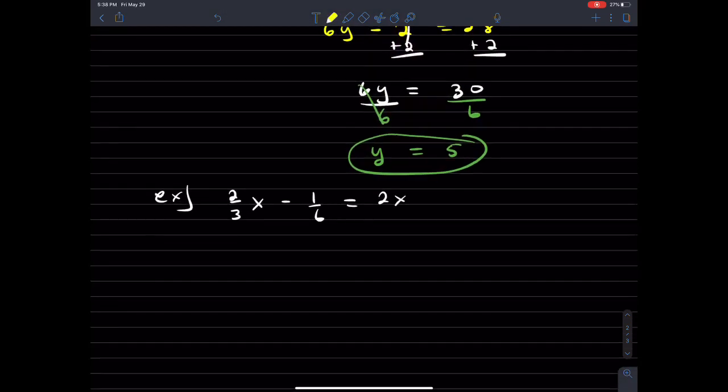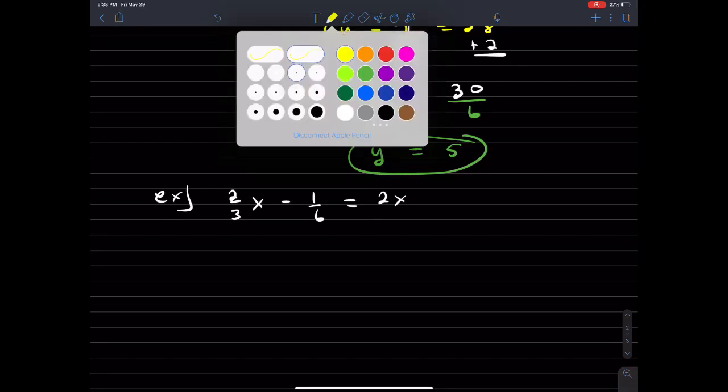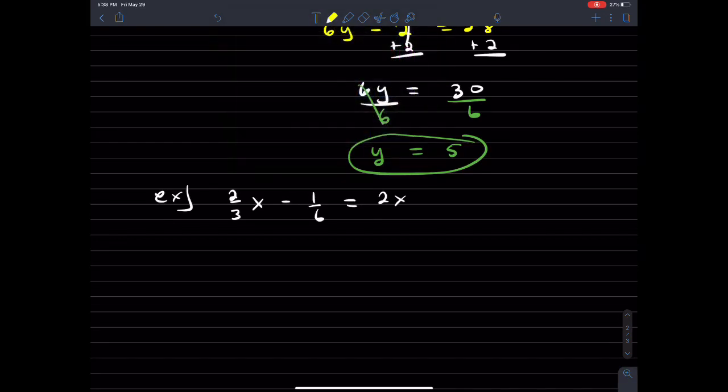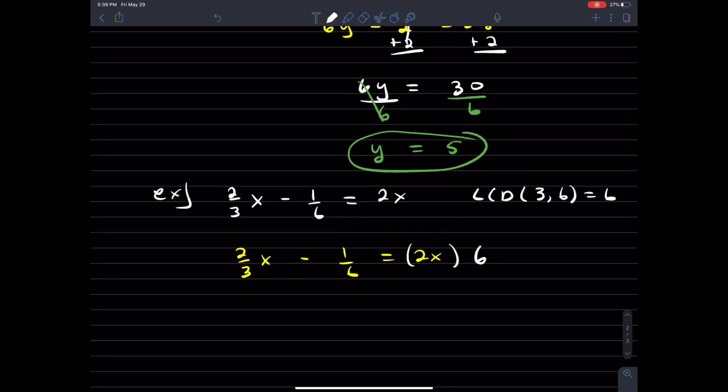What we want to do is, again, I don't like the fractions very much, so I'm going to take the equation, I'll copy it, and we multiply on the right side. The common denominator that will clear that fraction will be 6. So your LCD between 3 and 6 is 6, because they both divide into it evenly.